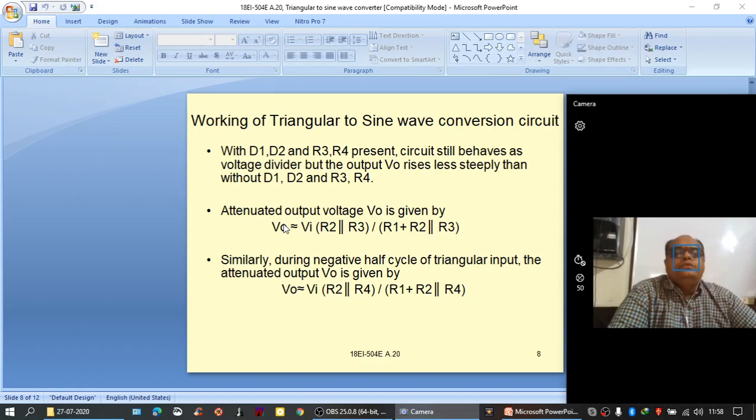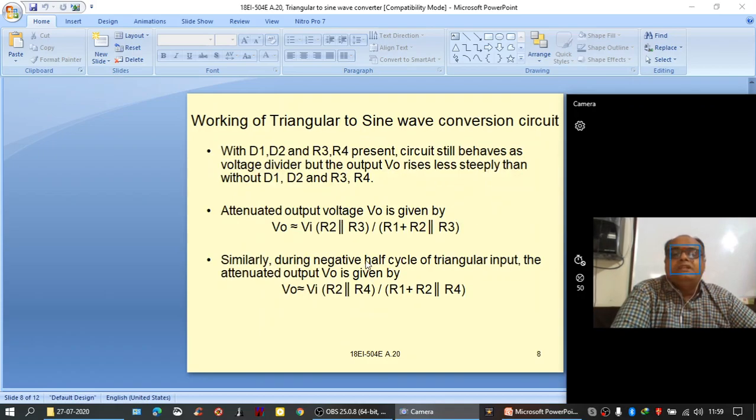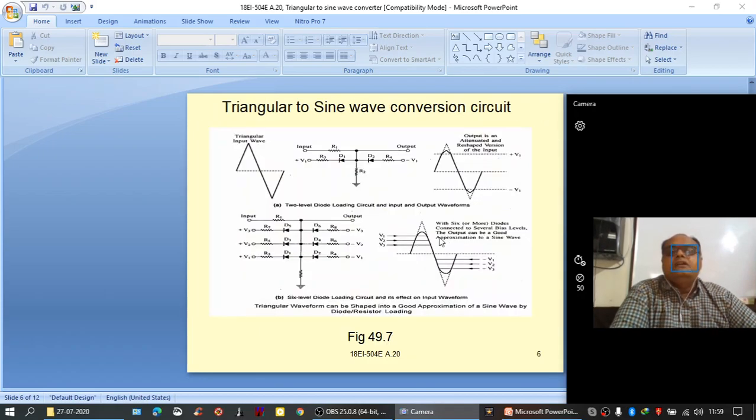We would get the output voltage using the expression V0 is equal to Vin into R2 in parallel with R3, that is this portion, divided by R1 plus R2 in parallel with R3.